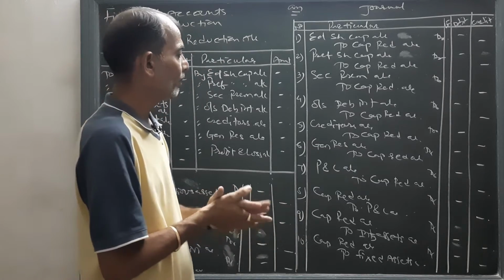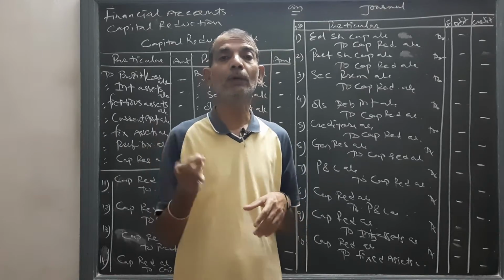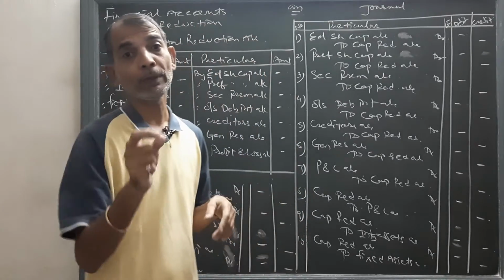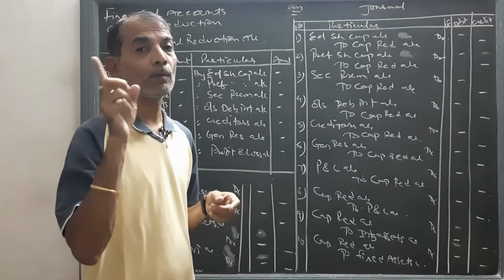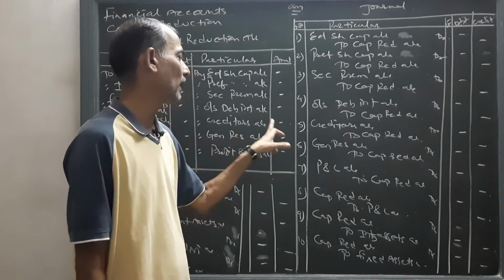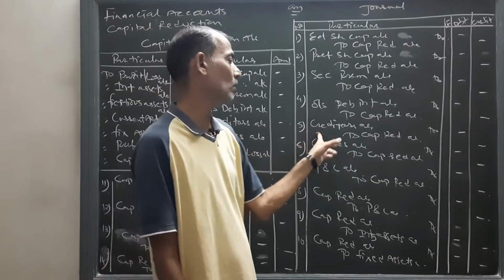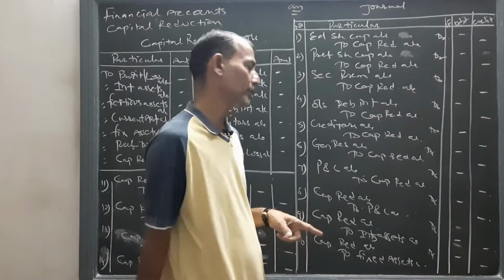Then, if creditors agree to receive a lesser amount, or the company wants to pay creditors less, that amount is written on the credit side of the capital reduction account, and the entry is creditors account debit to capital reduction account.